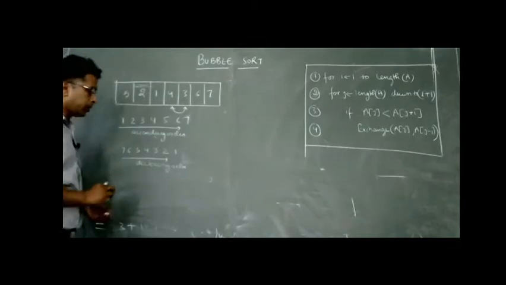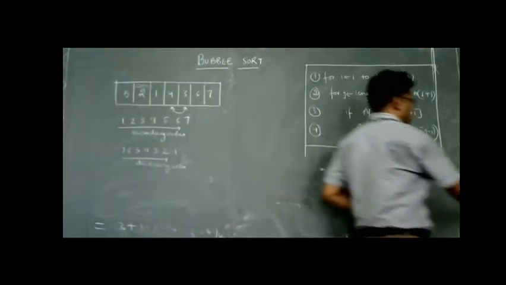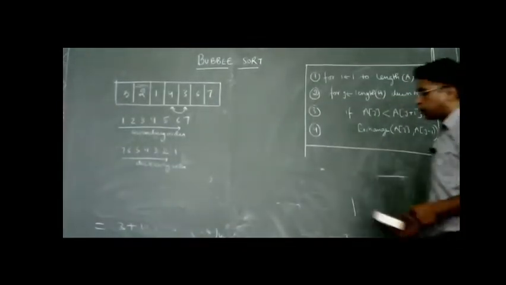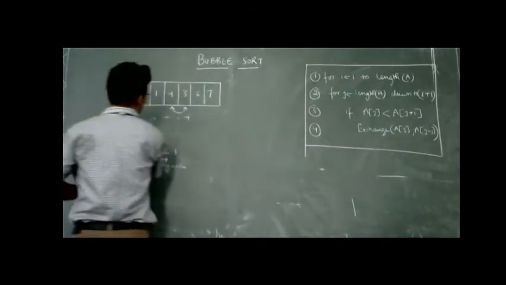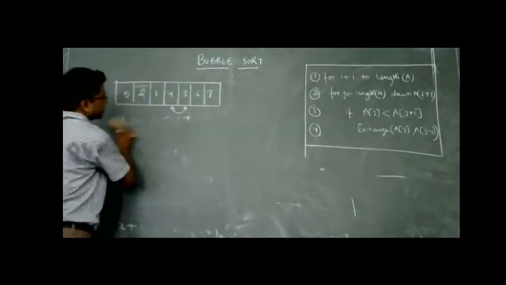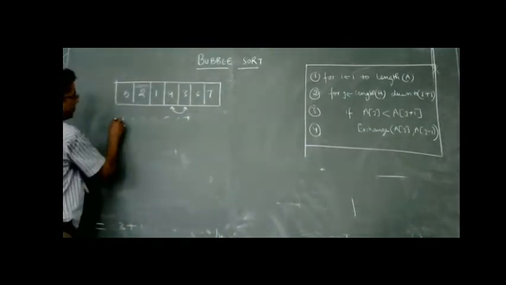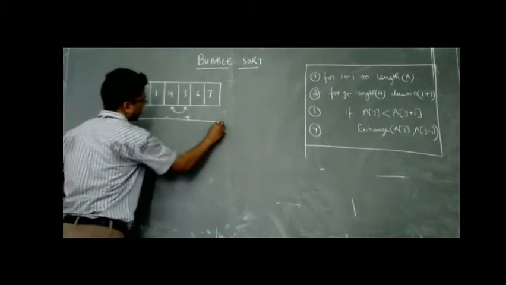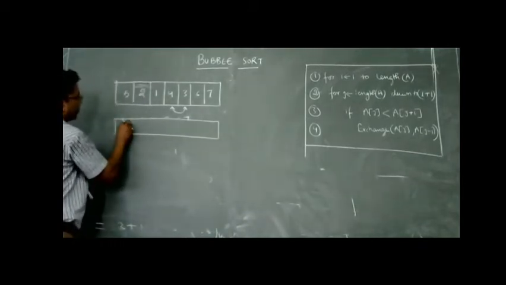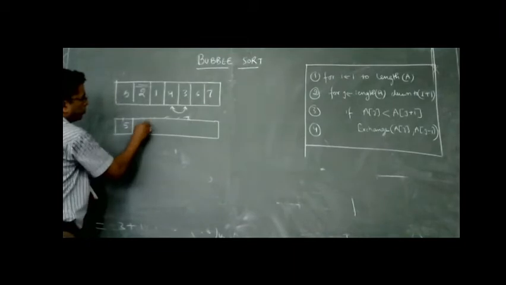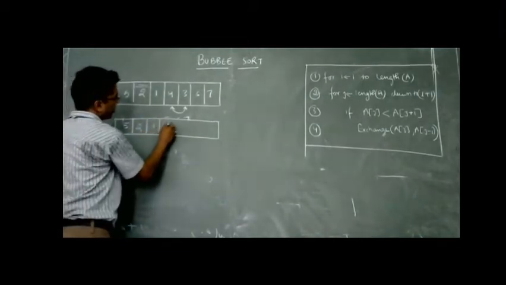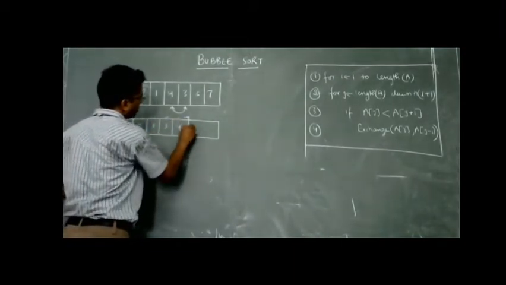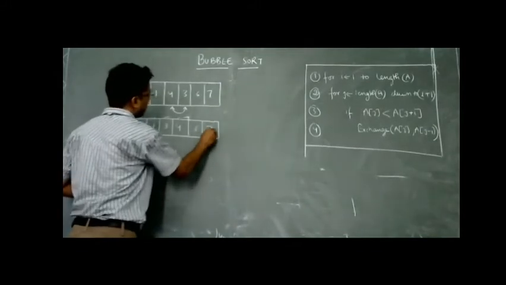So in swapping, after swapping, the array will be like this: 5, 2, 1, 3, 4, 6, 7.